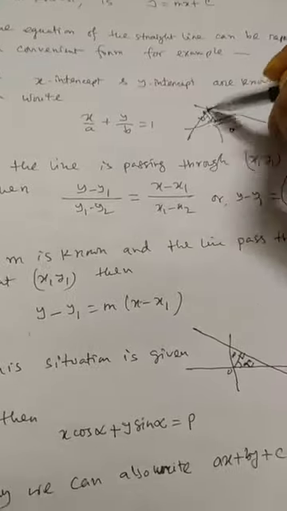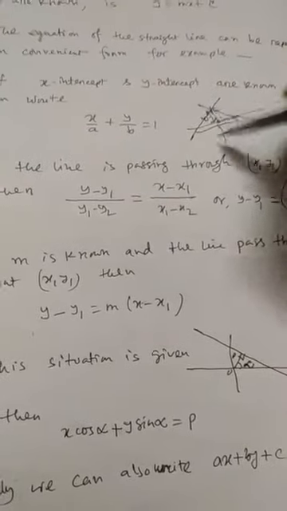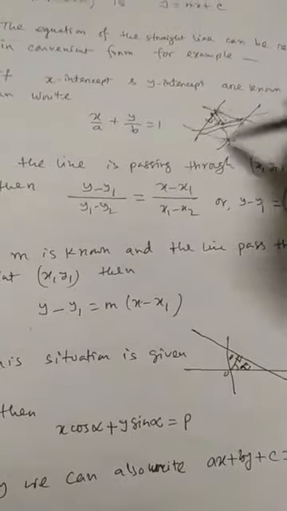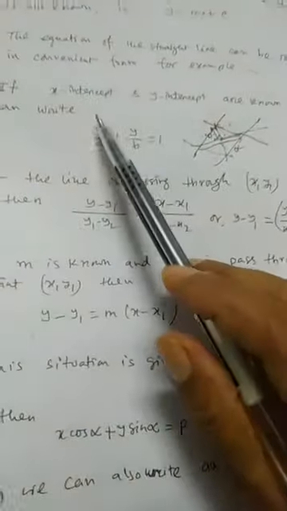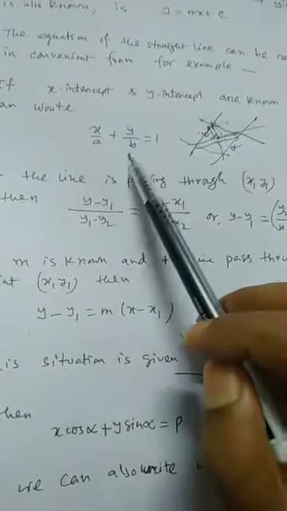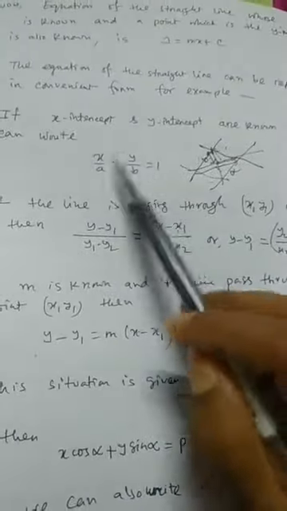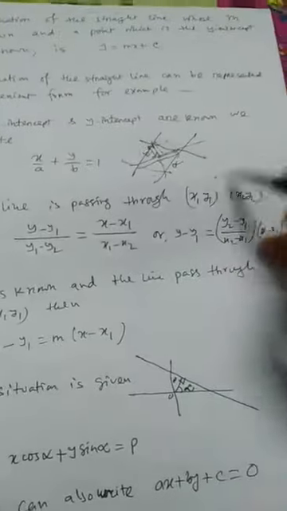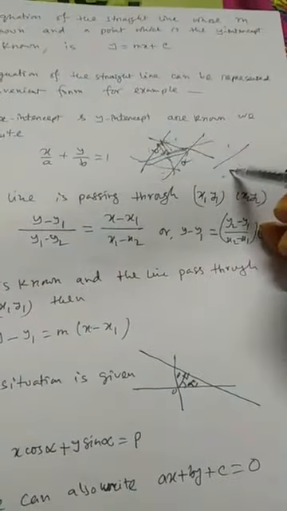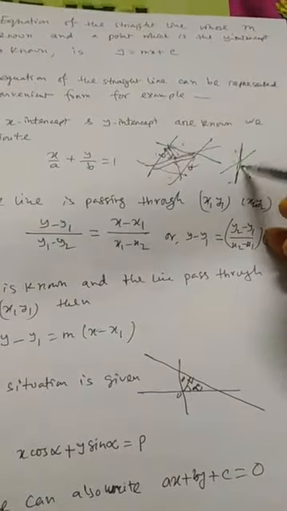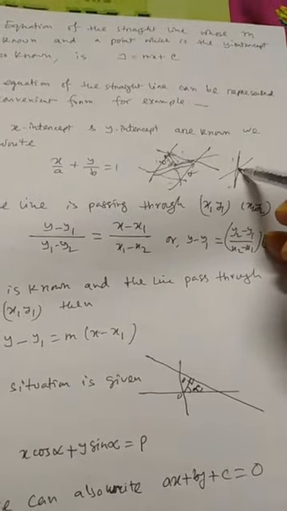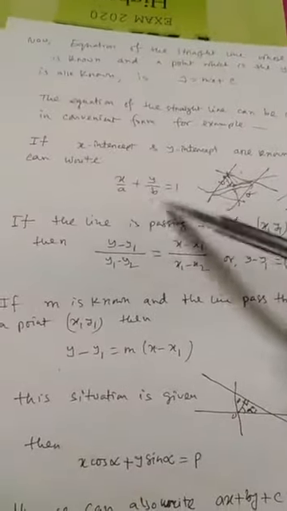It might be here as well. There are 4 possibilities. In that case, the equation might be written x by A plus y by B equal to 1. But remember, this formula cannot be used in case of a straight line which is passing through the origin, because in this case A is 0, B is also 0. So you cannot divide x by 0. So remember this one.